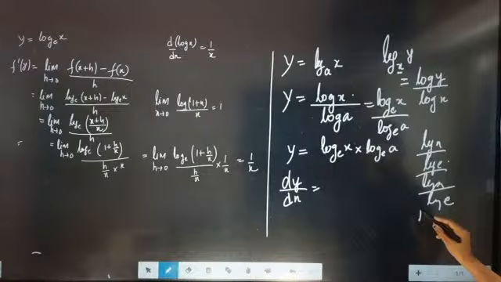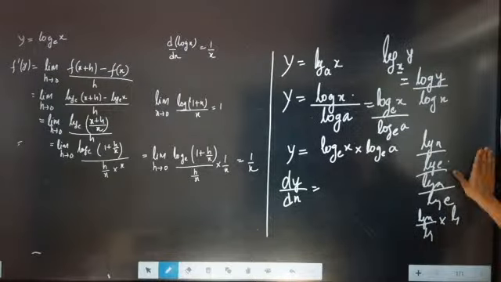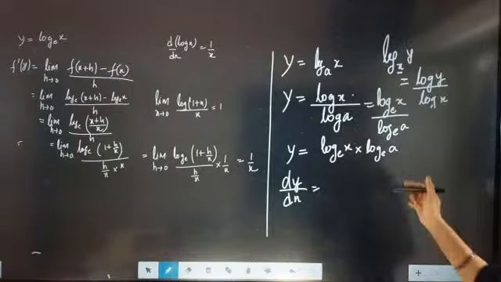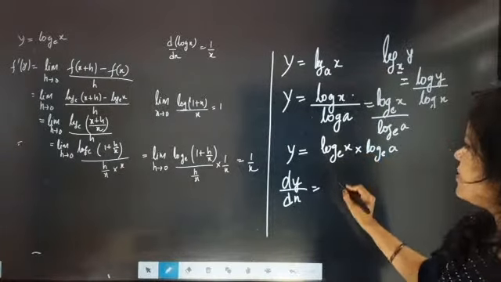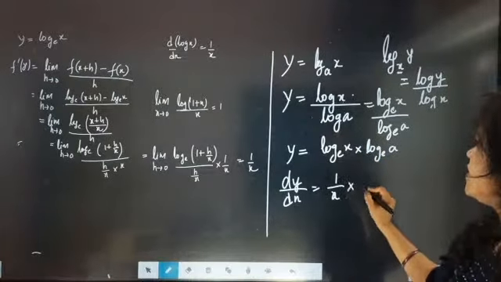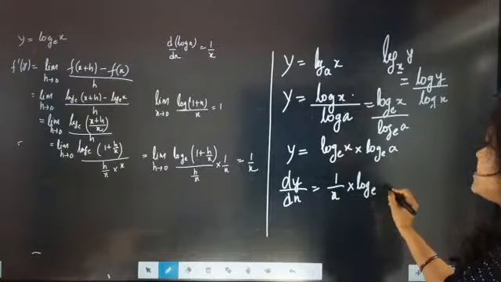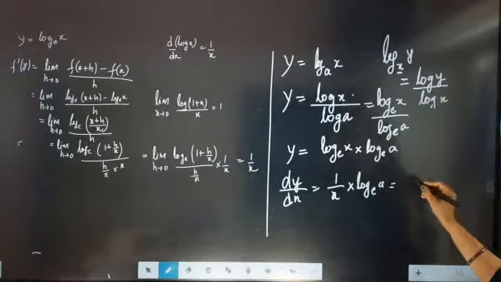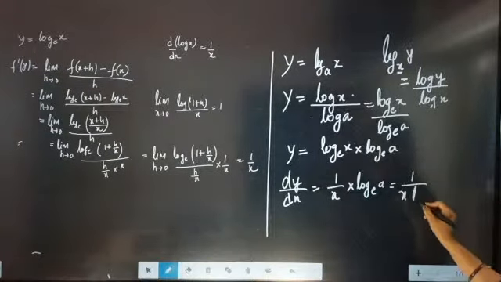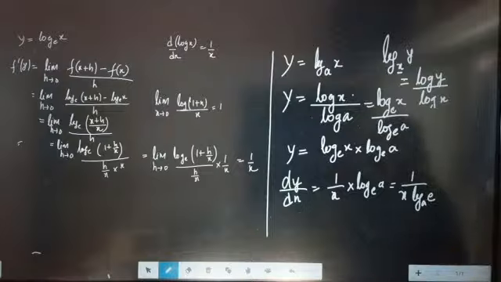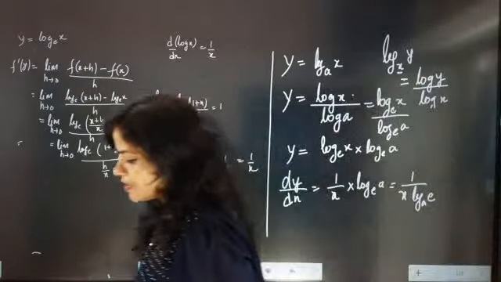So this part will come as 1 by x into 1 by log base e of a, or shifting it down, it will become 1 by x log base e of a.